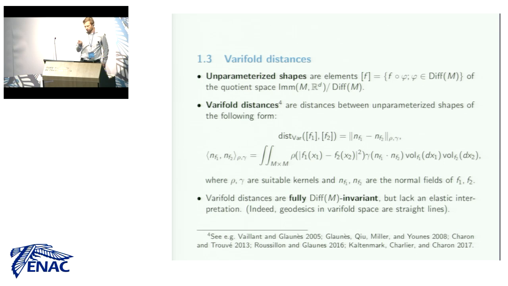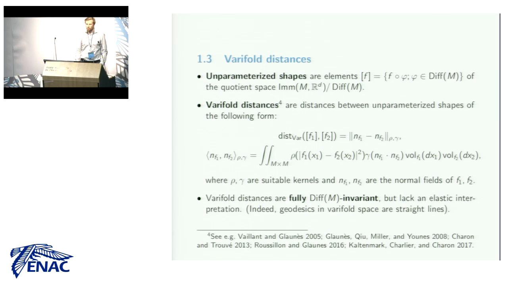So it's like f1 of x1 minus f2 of x2, squared distance, and then I apply the kernel rho. And similarly, I use my other kernel, the kernel gamma, to measure discrepancies in the normal directions of these surfaces. So here you see gamma applied to the scalar product of the normal field of f1 with the normal field of f2.